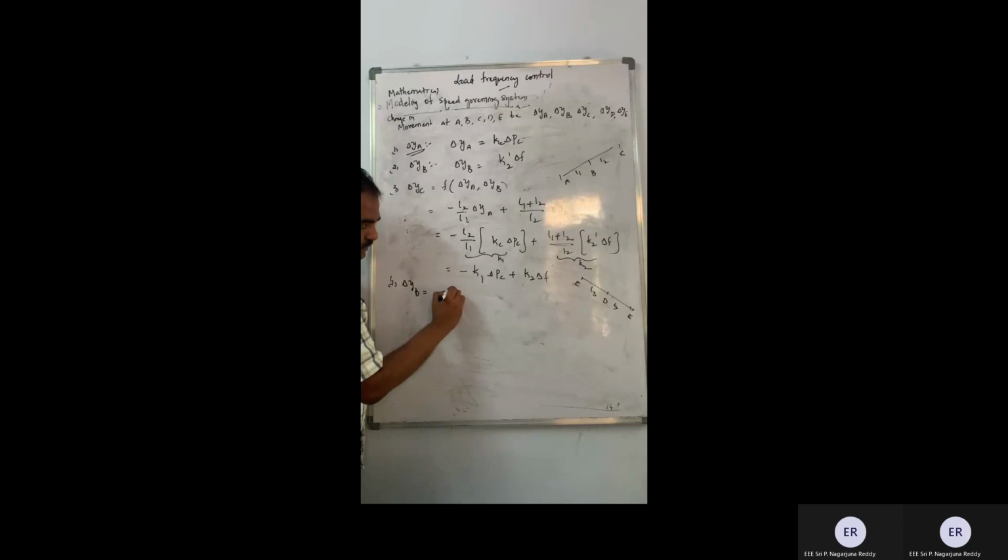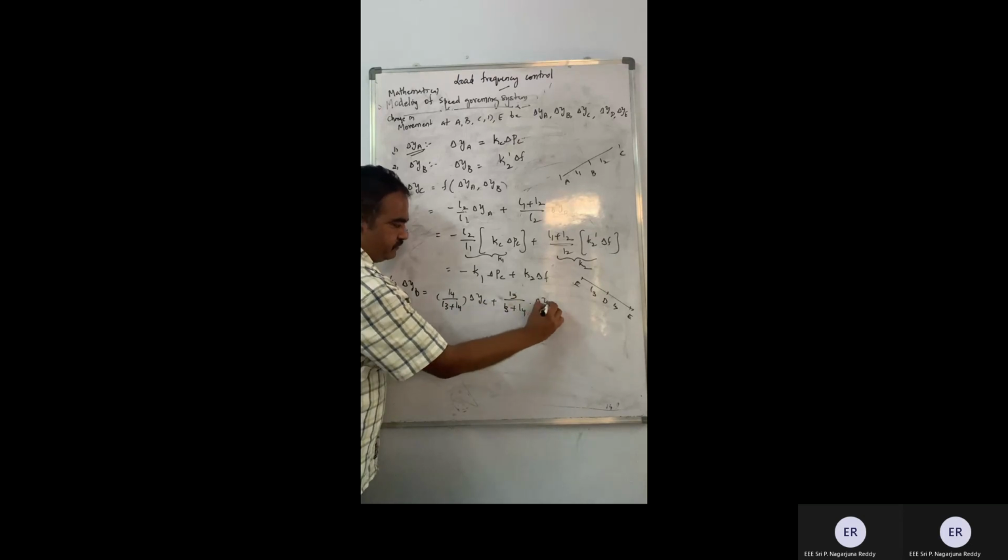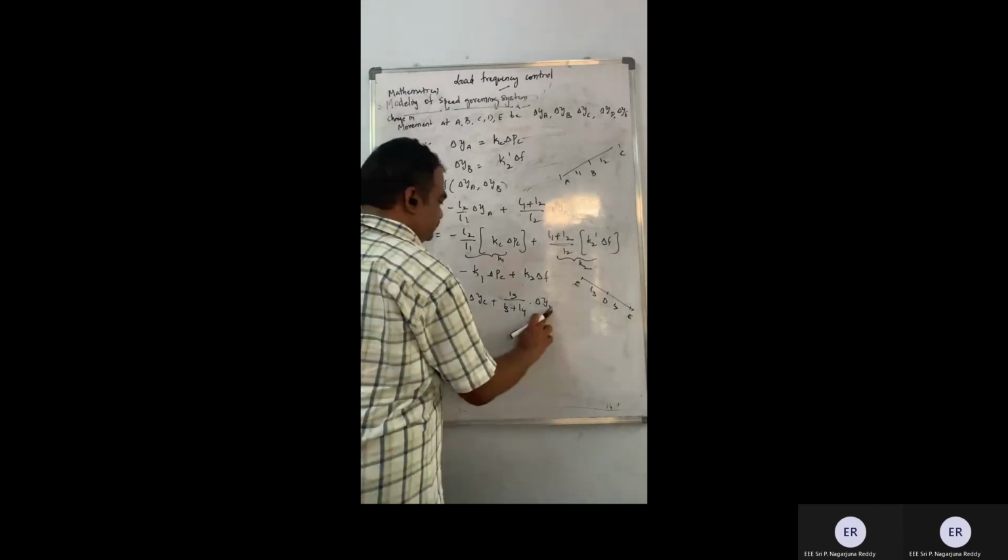Okay. L4 by (L3 plus L4) into delta YC plus, opposite, L3 by (L3 plus L4) into delta YE. Sorry. Delta YE. This is the movement at point number D.